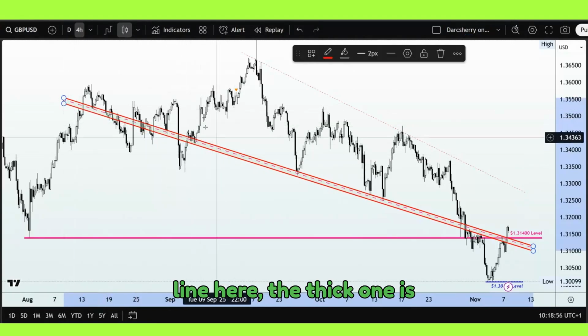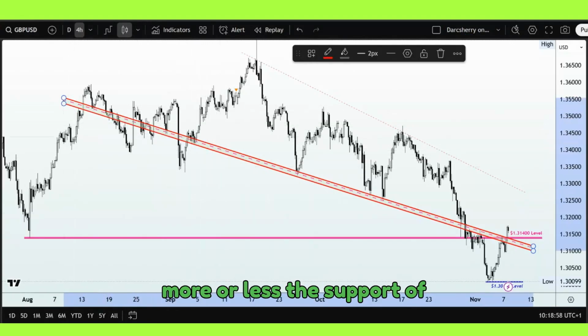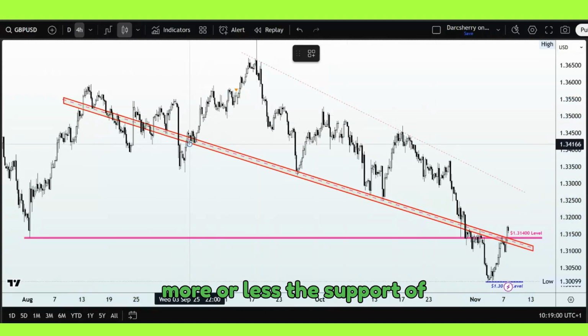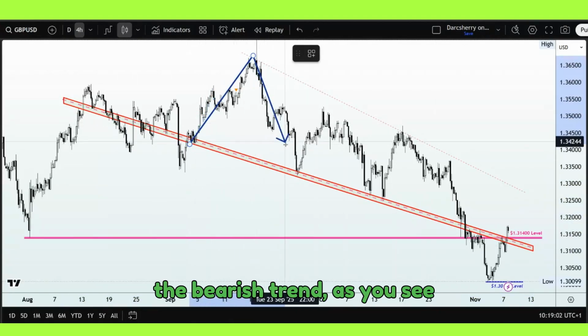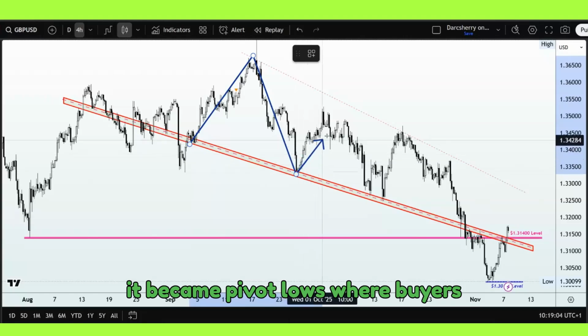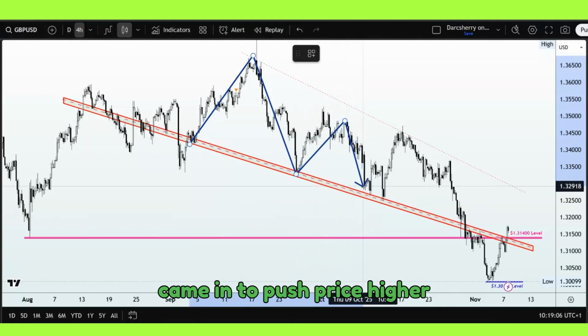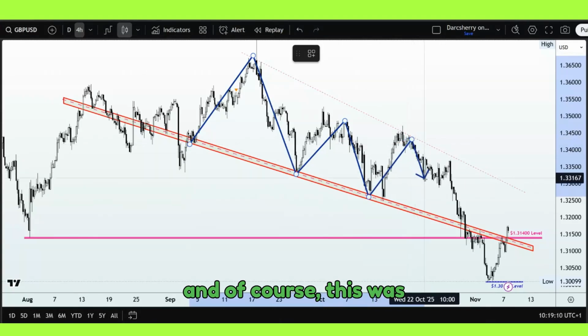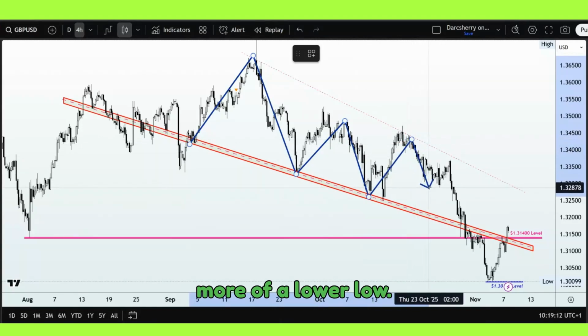This primary trend line here, the thick one, is more or less the support of the bearish trend. As you see, it became pivot lows where buyers came in to push price higher, and this was more of a lower low.